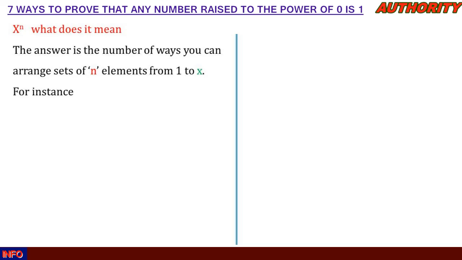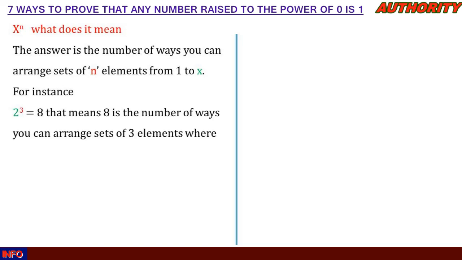Now, let me use numbers and explain. When we have something like 2 raised to power 3, the answer is 8. So this 8 means that we have 8 ways you can arrange a set of 3 elements, where each element can be either 1 or 2. We start from 1 to 2, depending on the nature of the number base.